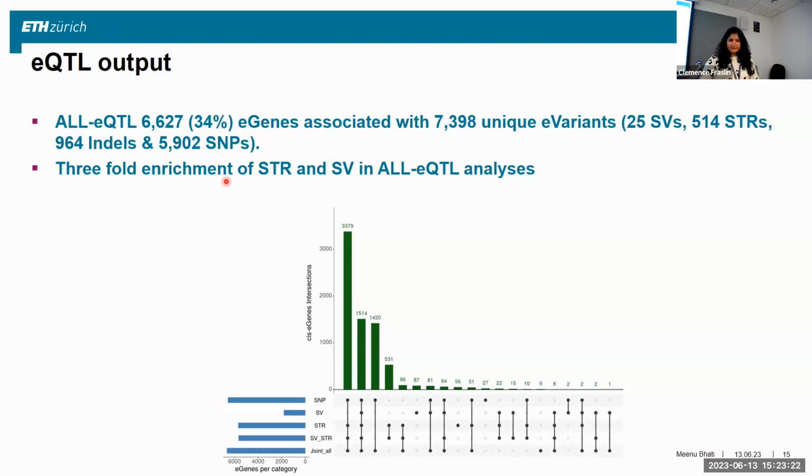all eQTL analysis. Because we performed this analysis on every set, here you could see that most of the genes, which are 3,000 eGenes, are observed among all studies except the structural variation. And next, again there is quite a high number, 1,400 genes, observed only between SNP and joint all.